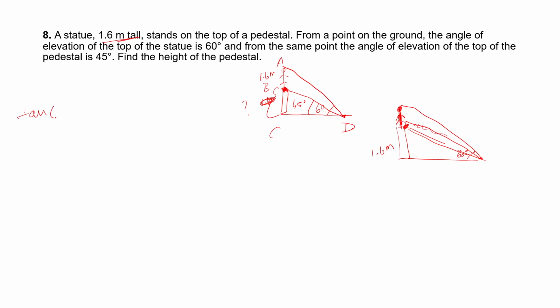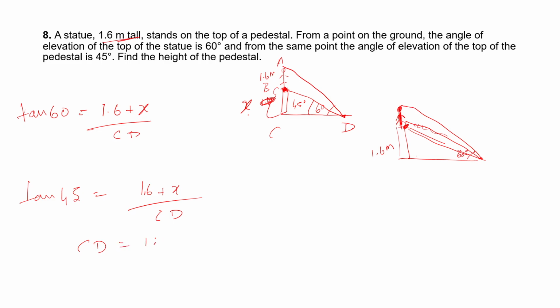Start with this question. You again have to find tan 60 is equal to 1.6 plus this, I will take x now, divided by CD, and then tan 45 is equal to again opposite by adjacent, x by CD.